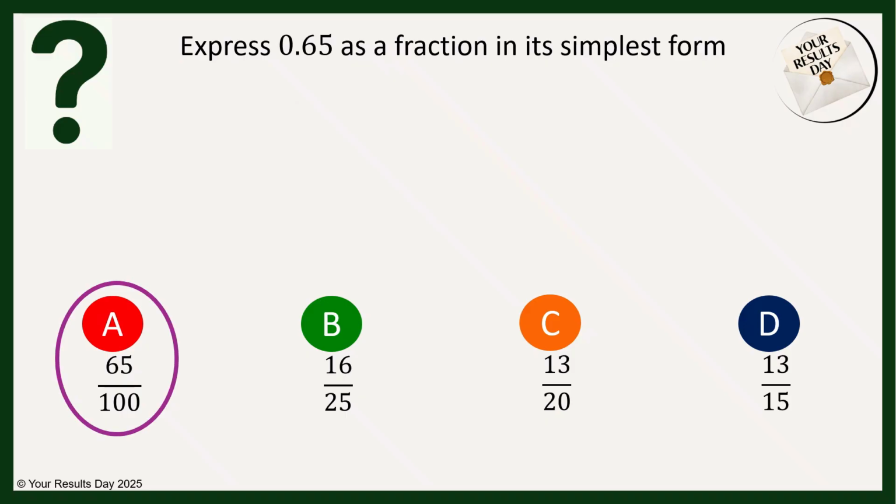If you said A, you have written 0.65 as a fraction, but do remember the question does ask for it to be in its simplest form, so that would be C, 13 over 20. Now, I did say that if you want to do your answers without simplifying today, then that's fine. So if you are going down that route and put A, then you would be correct. But if you are looking to be simplifying because you're getting ready for your exams, 13 over 20.